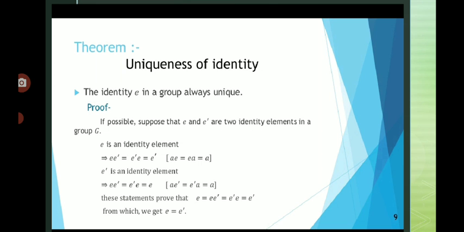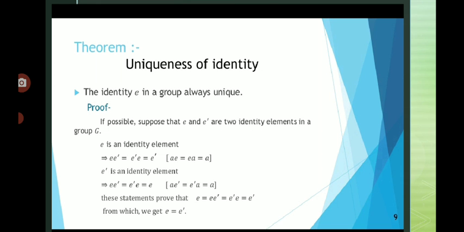For that, suppose there are two identity elements in the group, E and E dash. Now we take E as the identity; then E into E dash, where E dash is an element in G, equals E dash into E equals E dash.